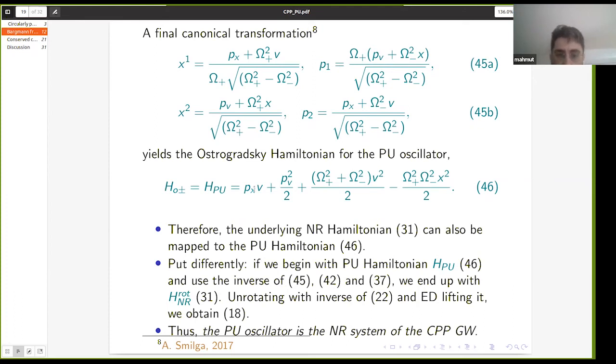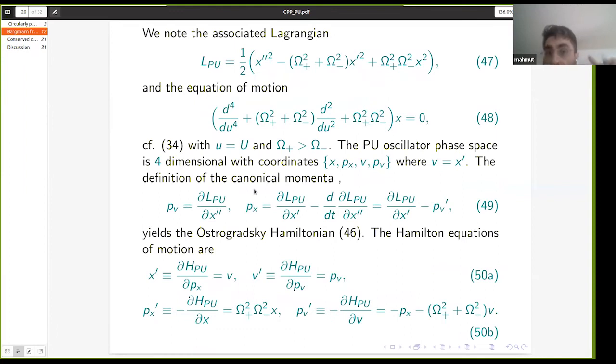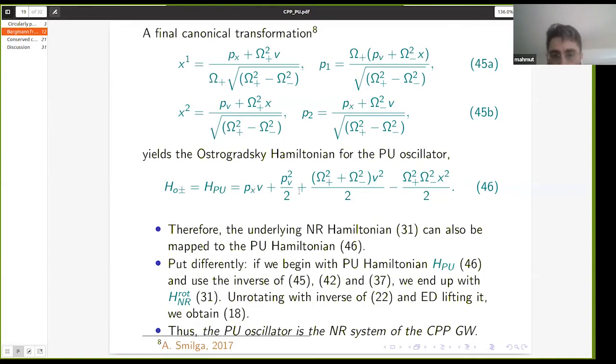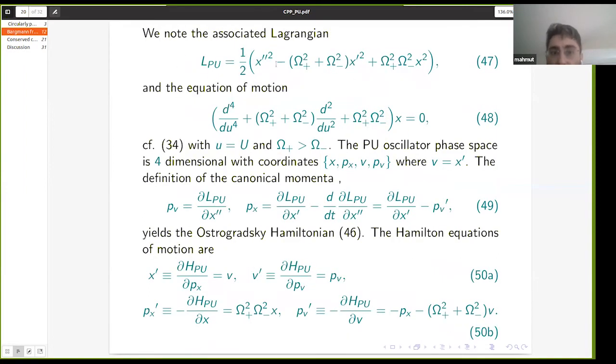And the Lagrangian for this Hamiltonian, you can find out, starts with acceleration. So it is quadratic in acceleration. Therefore, it is a higher order theory. And the equation of motion automatically starts with a fourth order derivative. And this is the Pais-Uhlenbeck oscillator that we found previously, right?